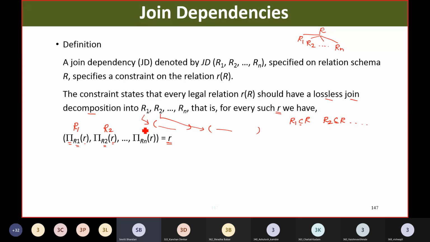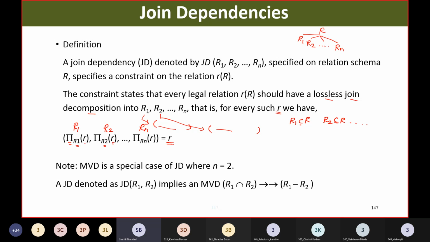This is my R2 and this is my Rn. So if r gets decomposed into several relations, and if we find the join of these relations, then definitely we will get the original relation r on capital R. So the joint dependency puts the constraint that every legal relation r on R should have a lossless join decomposition into n relations R1, R2 up to Rn.